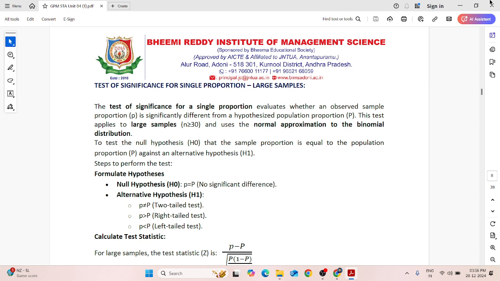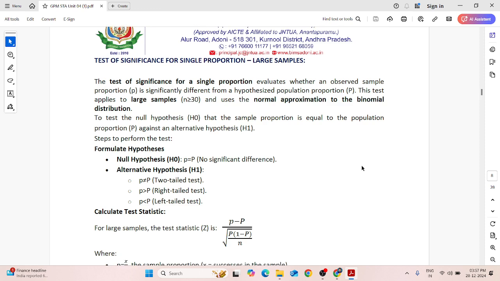The objective of this test is to test whether the sample proportion is equal to the population proportion. That's why we have considered the null hypothesis as small p equals uppercase P.